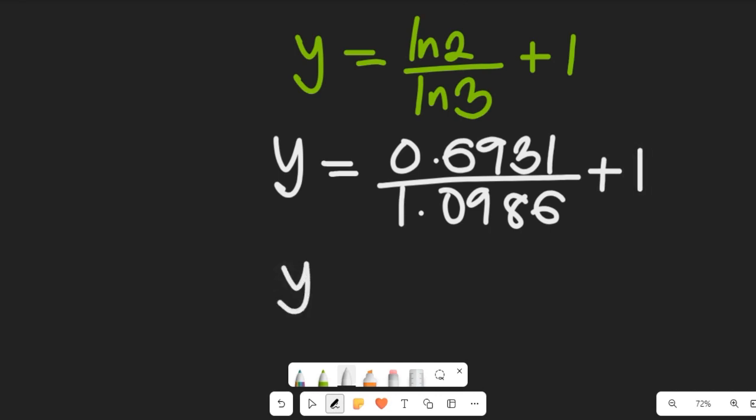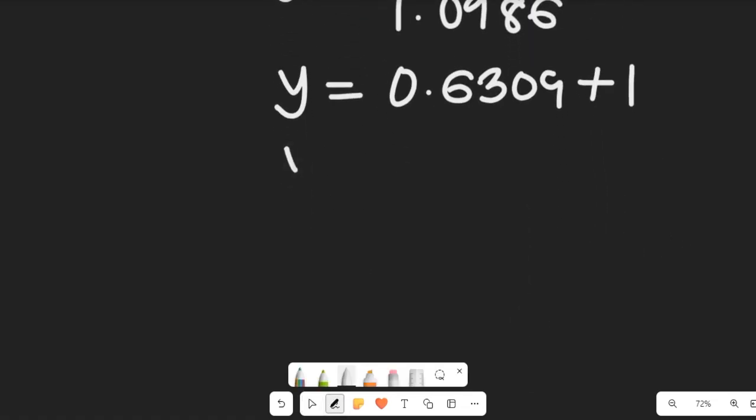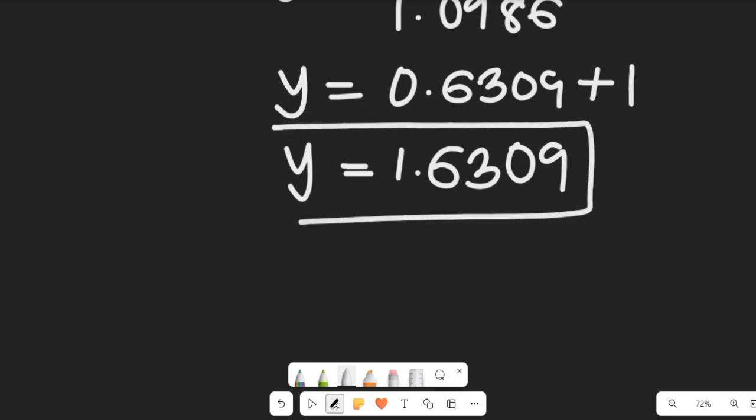So the value of y will be equal to 0.6931 divided by 1.0986, which is going to give me 0.6309, plus 1. So the value of y will be equal to 1.6309, and that is the value of y.